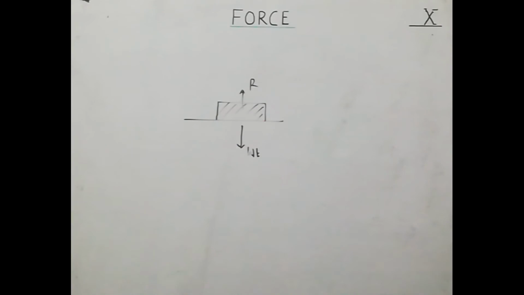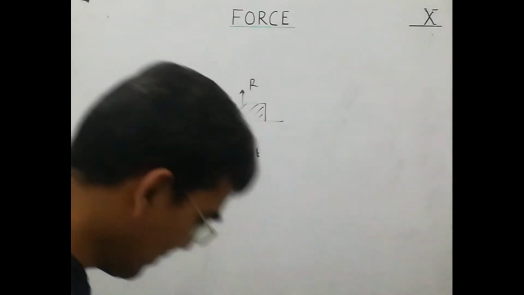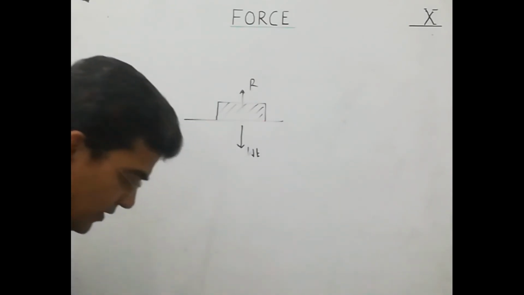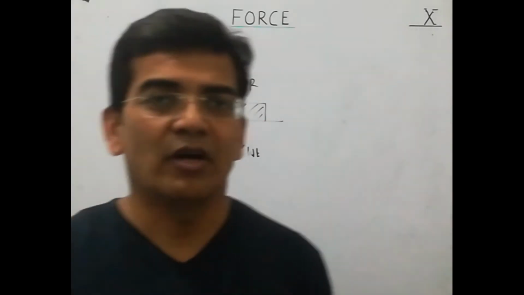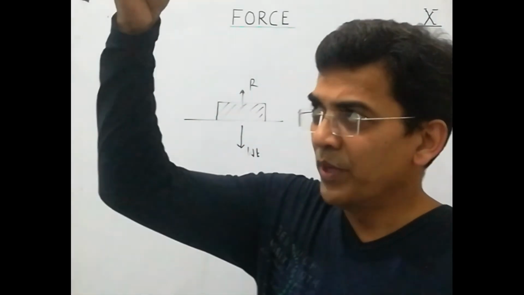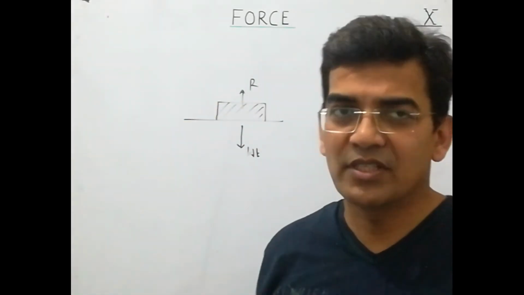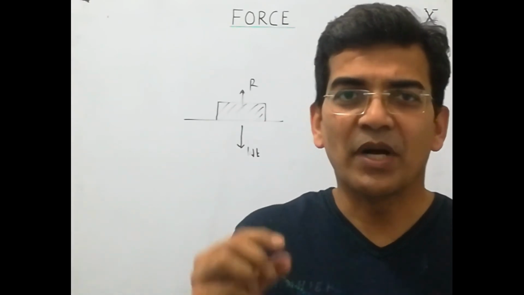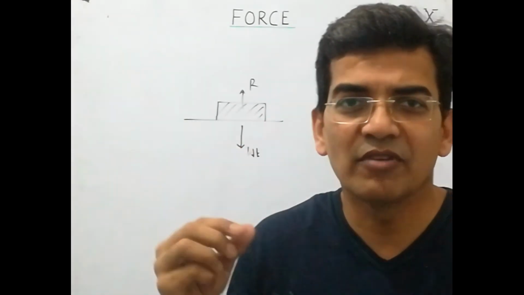Now, dynamic equilibrium. For dynamic equilibrium, we consider the example of a raindrop. A raindrop, when it moves towards the earth's surface, is in motion. And we say that it moves under the action of three forces, but it moves with a constant velocity.